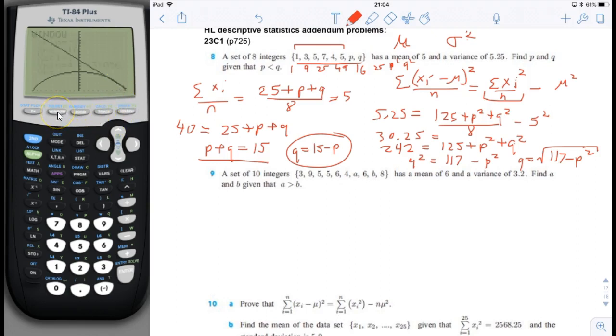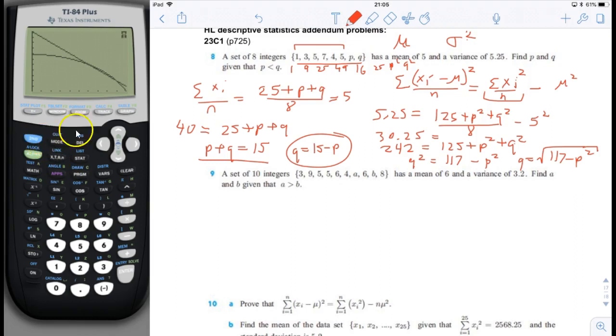Let's zoom in a little bit. So we'll do 0 to 10. Let's zoom in a little bit more. Yeah, it definitely intersects twice.